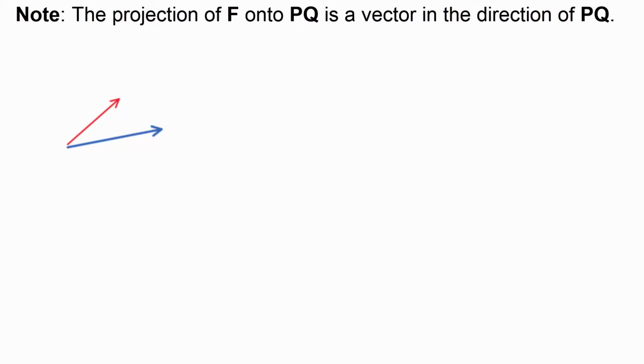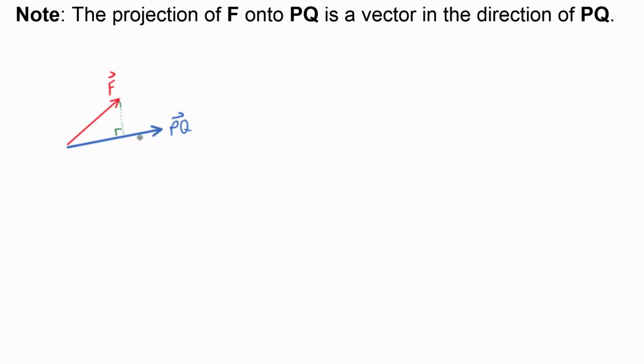So if we redraw that picture, I may not be using the same colors anymore, and that's okay. Let's call this guy F and this guy PQ. Notice I don't have PQ horizontal anymore, but it doesn't matter. If you project F onto PQ, you just project it in a perpendicular fashion.